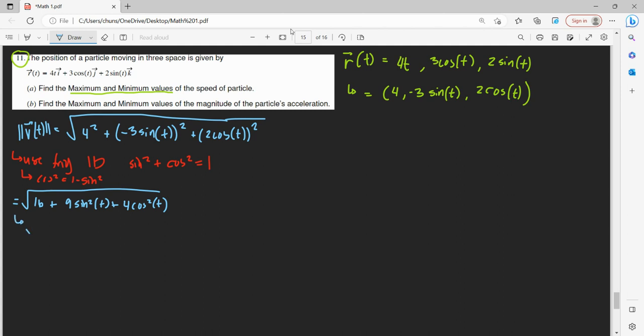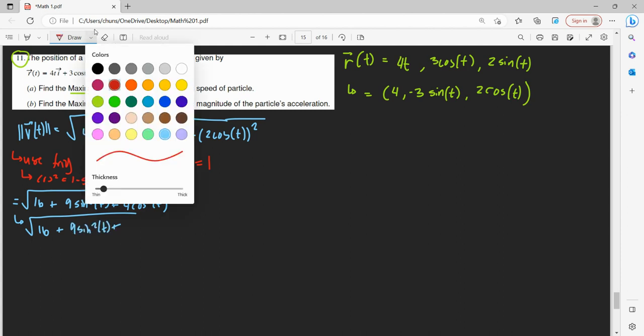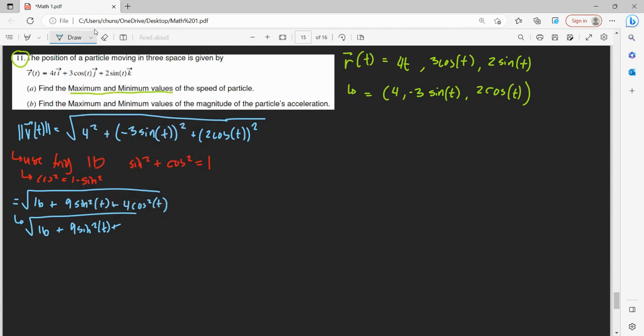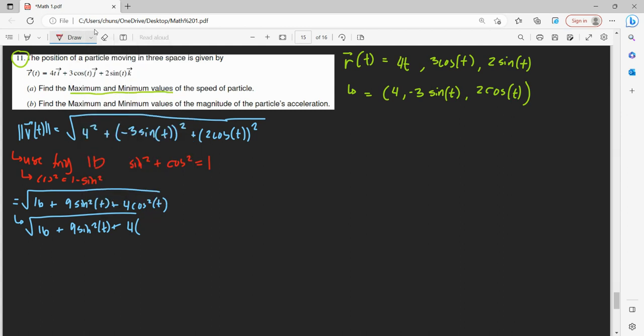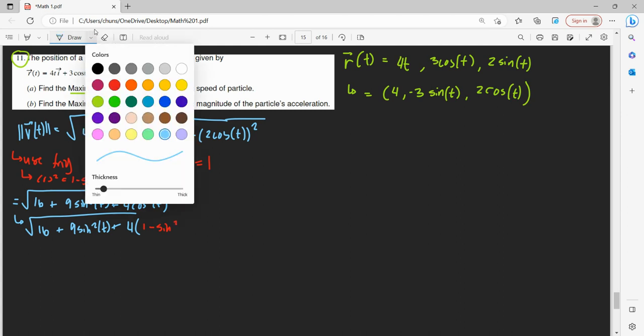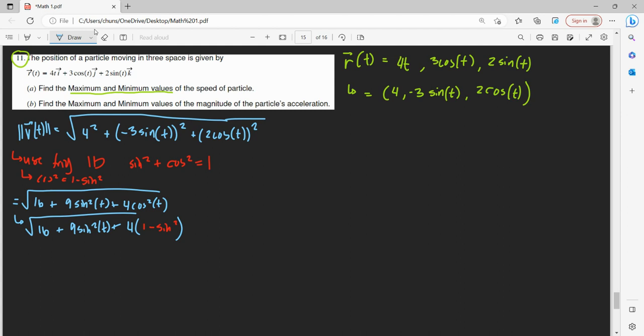Right, and we're going to substitute that trig identity in. So we have 16 plus 9 sine squared. This one can stay plus. So we're still going to have 4. We're substituting 1 minus sine squared in place of cos squared. And what does that give us?